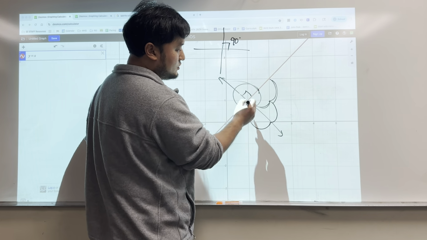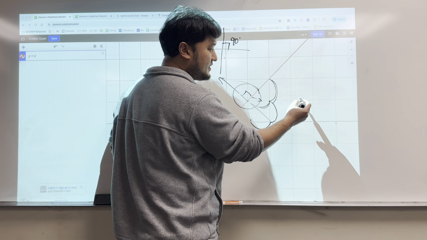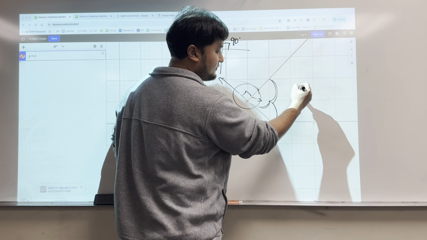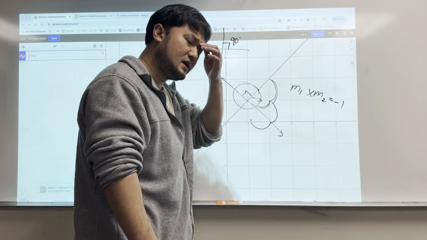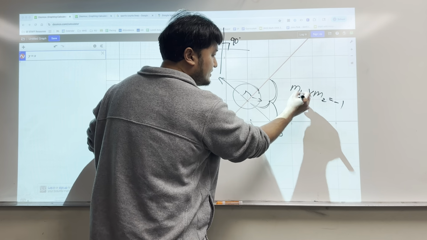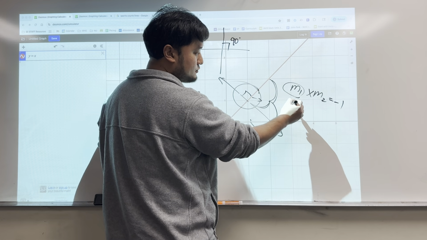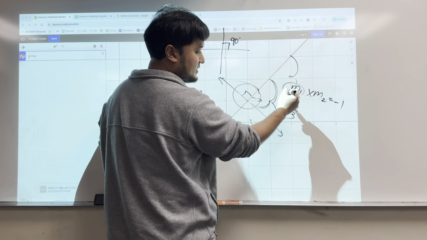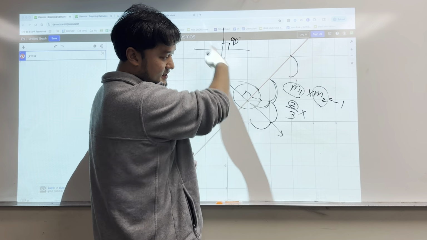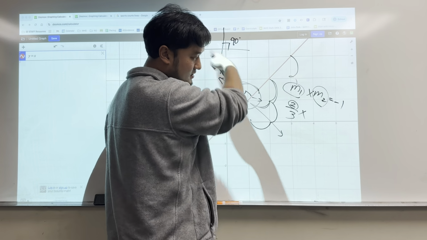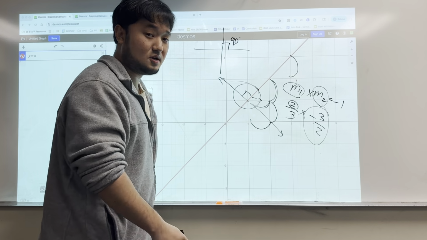So there you can see, briefly, why if their slopes get multiplied, they would have -1. Because let's say this M1 was, for example, 2 over 3. The rise was 2, and the run was 3. Then for the line that's crossing, it must have this as its slope.